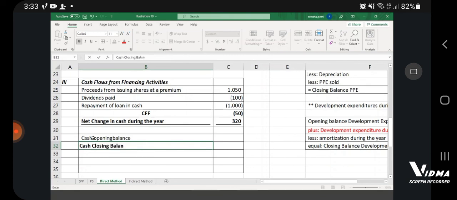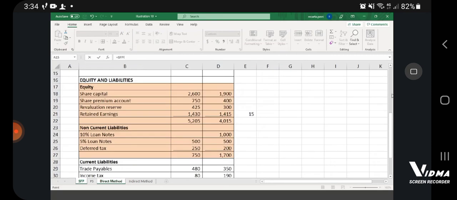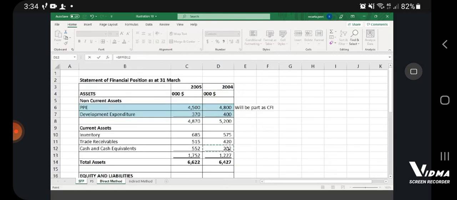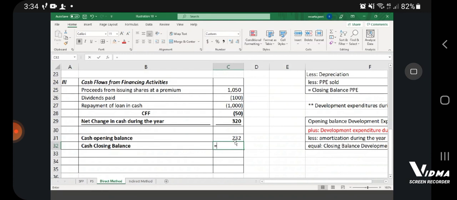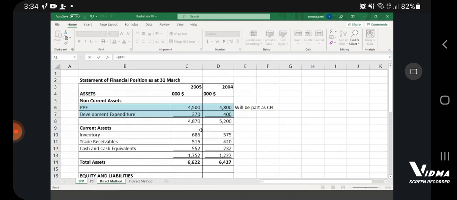Both of them are referred to from the statement of financial position. Okay, let's have them with formulas. Statement of financial position. Okay, cash and cash equivalent at the beginning, and cash equivalent closing period.